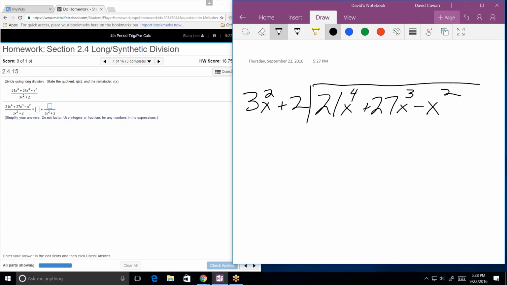Now, we have to use dummy variables in both the divisor and the dividend. We could actually factor out an x squared from the top. It might make it a little easier. In other words, we would then take our answer and multiply it by x squared.